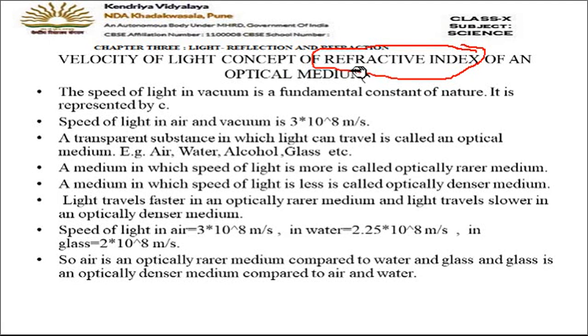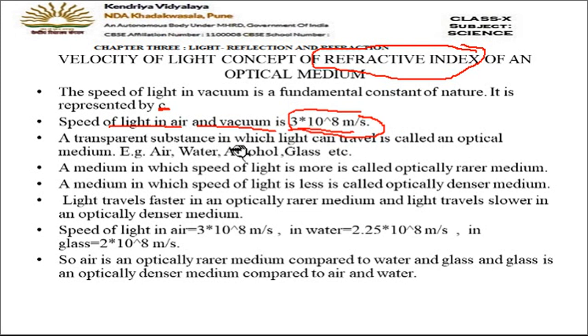Now everyone knows that the speed of light in vacuum is represented by the letter c, and the speed of light in air and vacuum is almost the same, 3 × 10^8 meters per second.